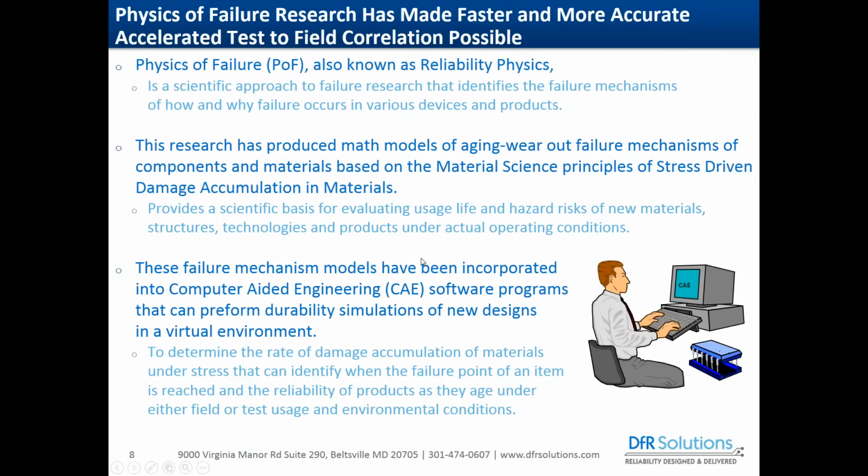Now, that was a very long and expensive way to figure out what you need to endure and correlate your test. Physics of failure research now has made a faster and more accurate way to develop accelerated test-to-field correlations. So physics of failure is also known as reliability physics. It's a scientific approach to failure research that identifies the failure mechanisms of how and why failures occur in various devices, materials, and products.